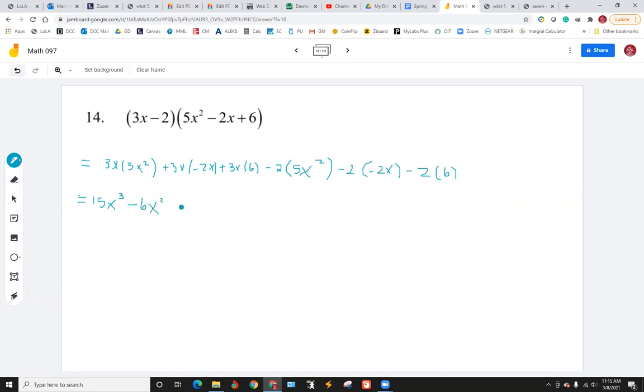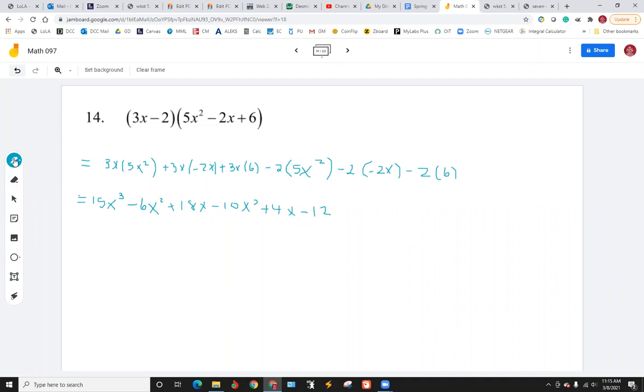And 3 times 6 is 18x. -2 times -2 is +4x. And then -2 times 6 is negative 12. 1, 2, 3, 4, 5, 6 terms.